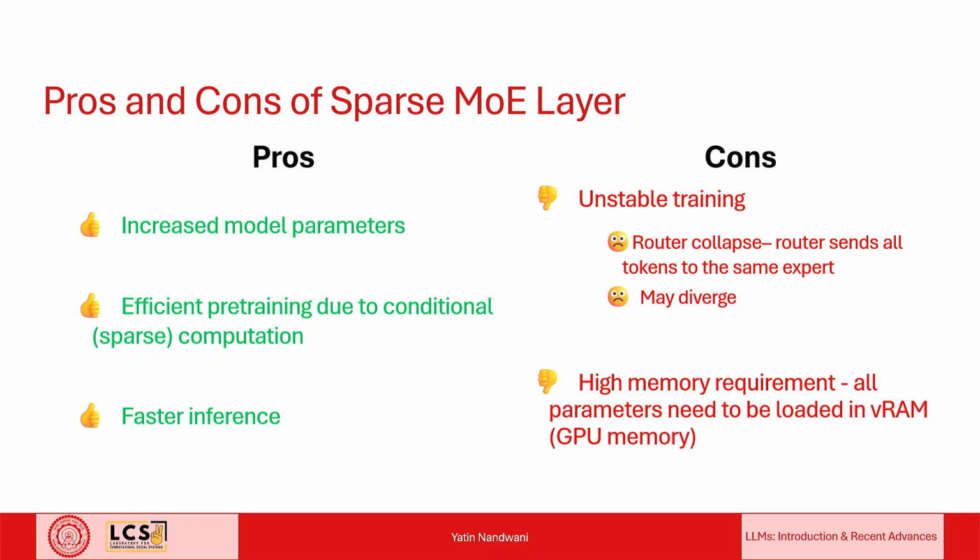Another issue is that of very high memory requirement. We saw that conditional activation is able to reduce the number of flops that we are doing, but we still need to keep all the experts in memory. We can't keep them off the GPU and load them only when the router routes to a particular expert. So we need to keep them all in memory.